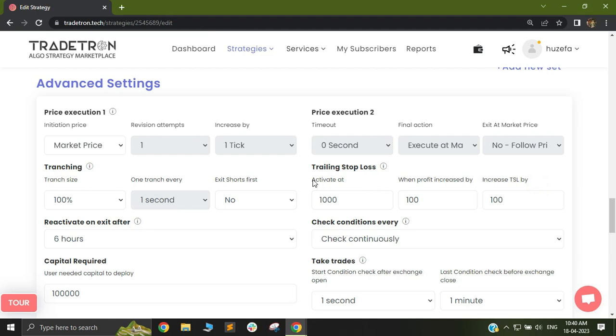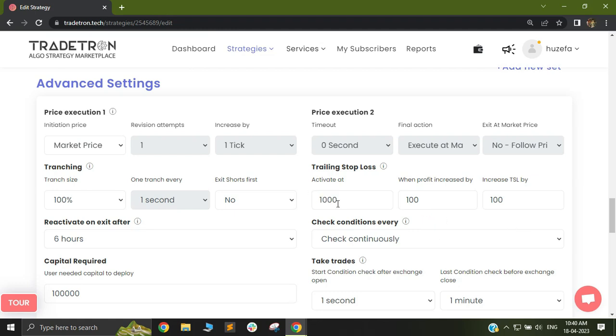So now at 1100 rupees of profit, if the trade goes against you and the overall PNL comes down to 99 rupees, in that case your trailing stop loss will exit. So this is how the trailing stop loss works. Do note that whenever you put an increase TSL by, it actually increases from 0 and not from 1000 rupees.